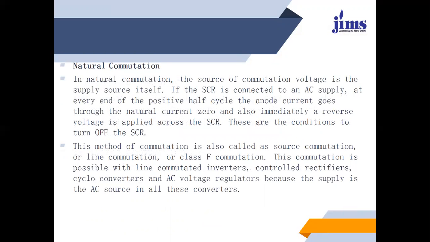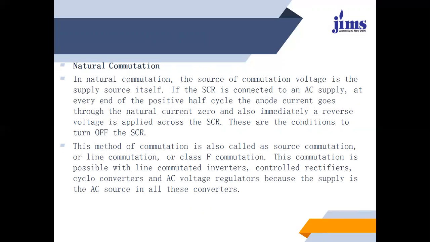First method is natural commutation. In natural commutation, the source of commutation voltage is the supply source itself. If the SCR is connected to an AC supply, at the end of every positive half cycle, the anode current goes through natural current zero, and immediately a reverse voltage is applied across the SCR.